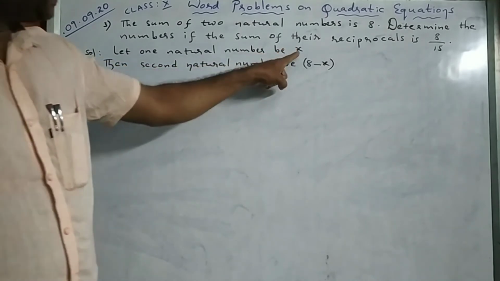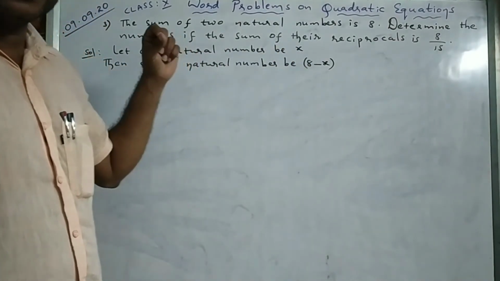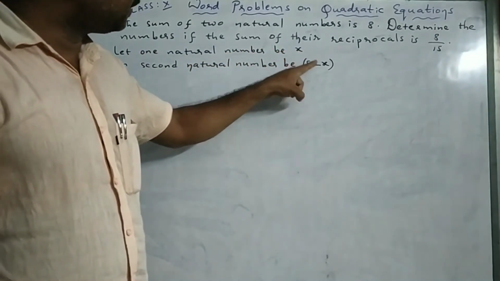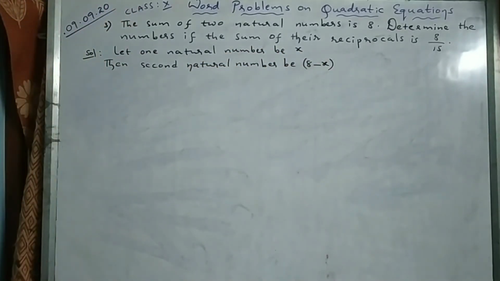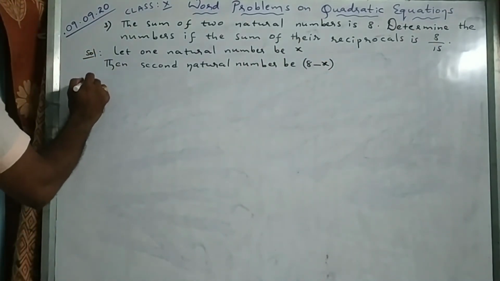Add them. X plus 8 minus x, x cancelled, you will get 8. Is it correct? X gets cancelled if you add them. Sum means adding only, no?